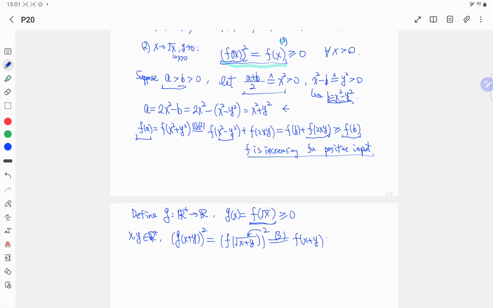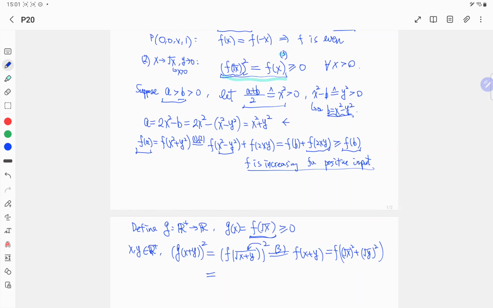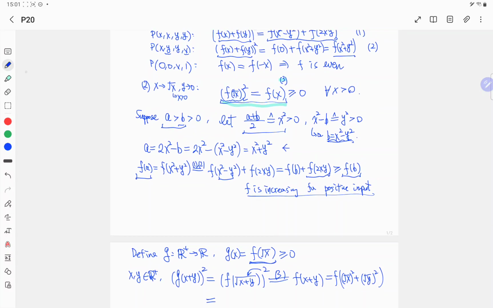So which means we have f of x plus y. And actually we can consider x to be square root of x quantity squared plus square root of y quantity squared, as x and y are positive real numbers. Okay, and then here we can make use of equation 2, which is actually this one.